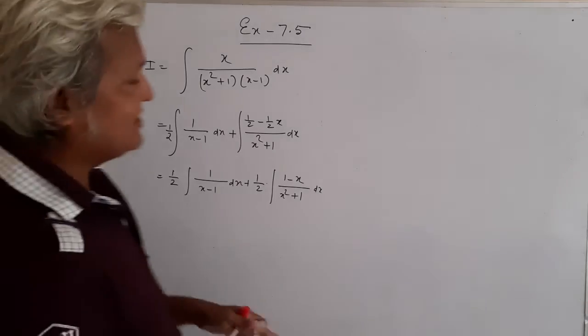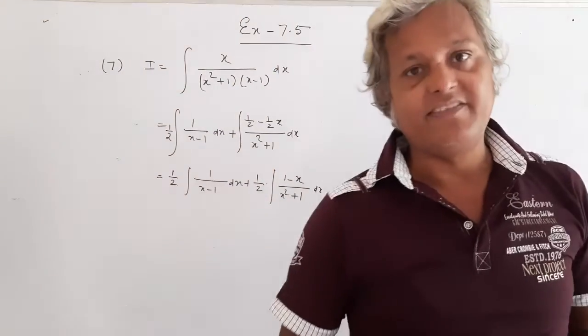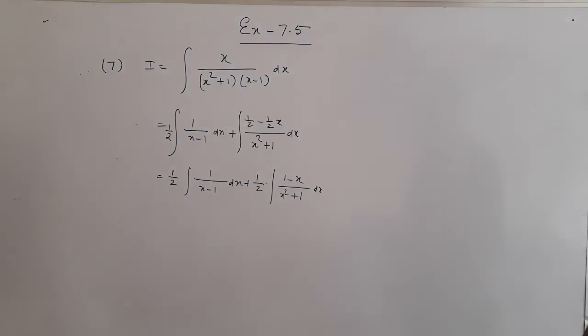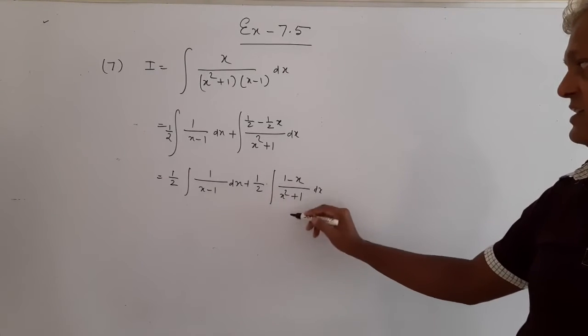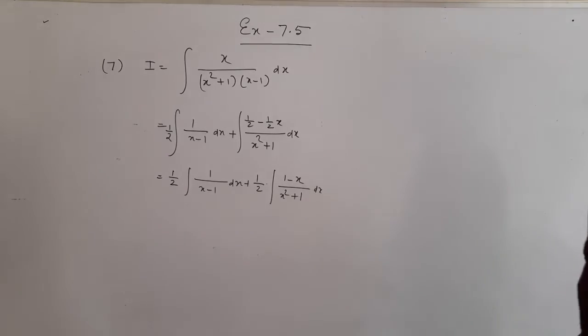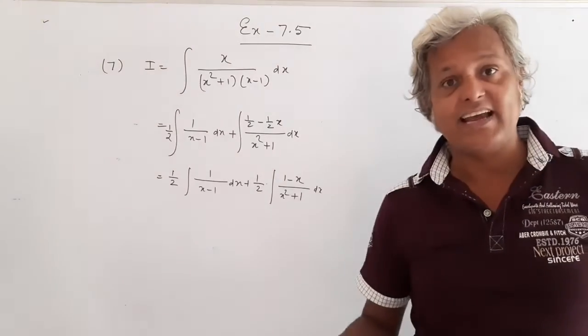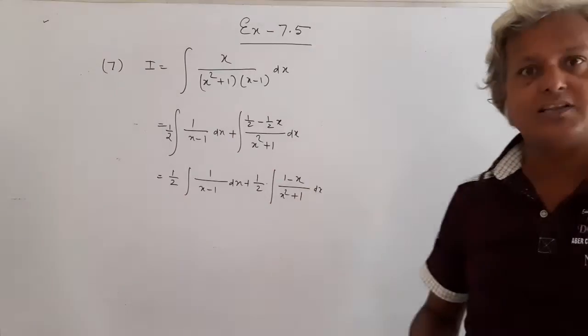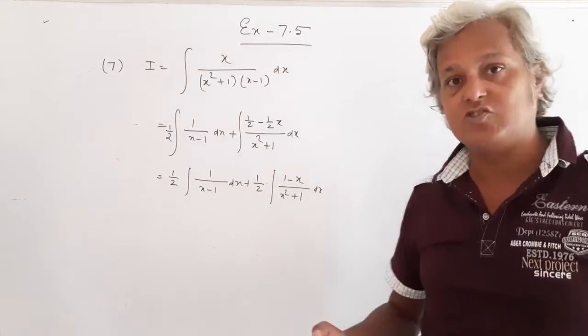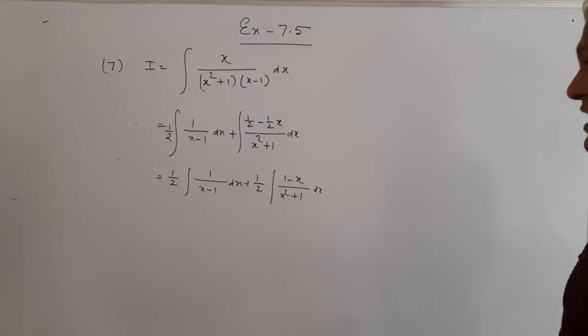Now after solving so many questions, you might have developed some intuition, and that helps you. If I break this down, one part is 1 over x square plus 1, which I directly get as 1 over a tan inverse x upon a, and if I write x over x square plus 1, then using the proper method of substitution, I can find that answer as well.